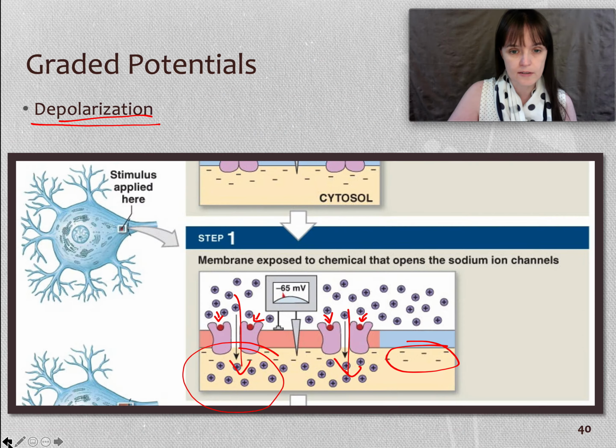We had an activation gate that opened at negative 60 millivolts, which is threshold, and then it closed at peak voltage, which is plus 30 millivolts. Okay, so this is what we're talking about. We've already drawn this out and looked at it.